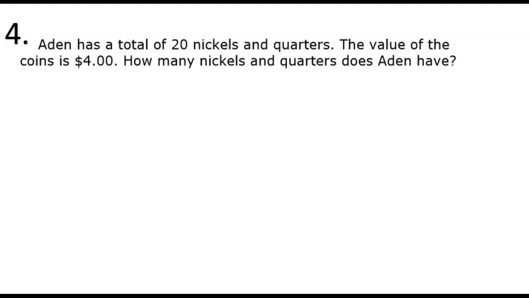And negative 0.05 Q plus 0.25 Q equals 4. Now I need to combine some like terms. I am going to subtract 1 from both sides to get my numbers together.